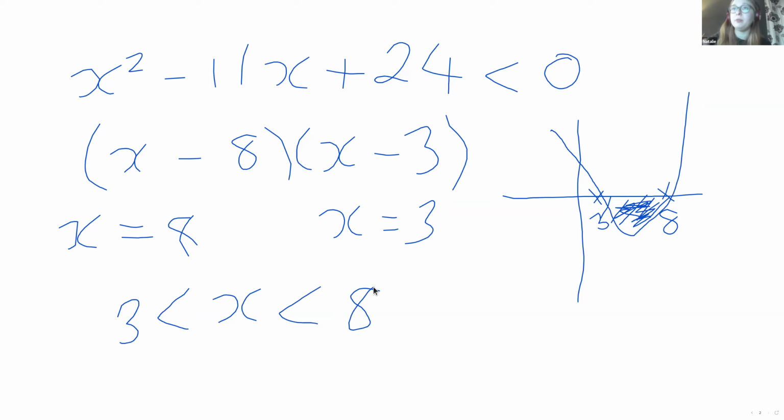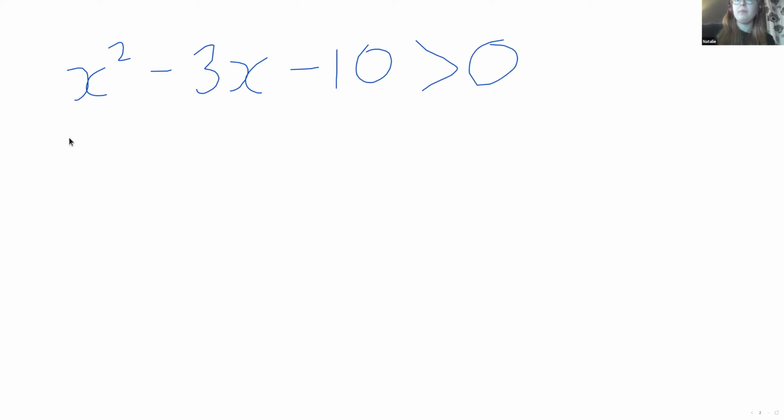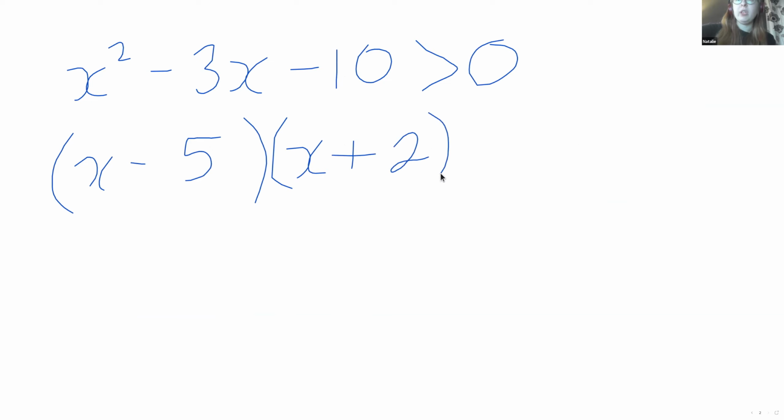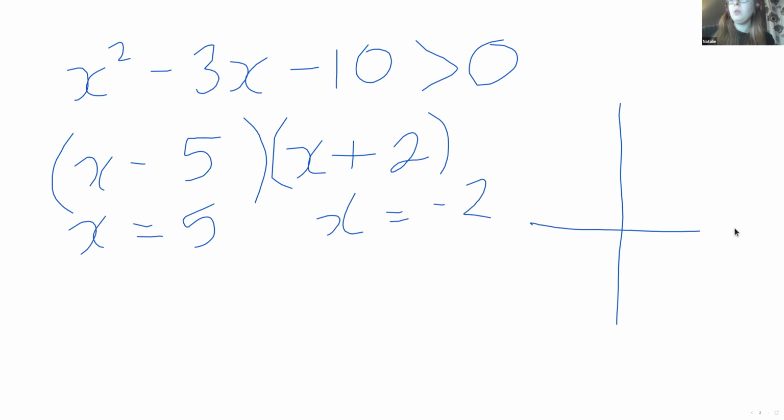So for example, if we had x squared minus 3x minus 10 is greater than 0, factorising that is going to give me x minus 5 and x plus 2, which is x equals 5 and x equals minus 2. And again, it's all about the sketch.